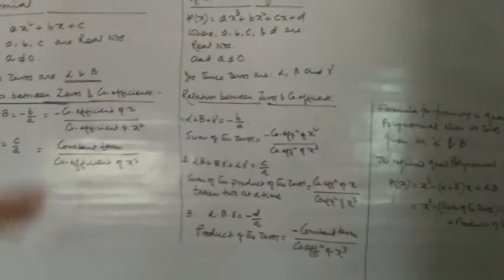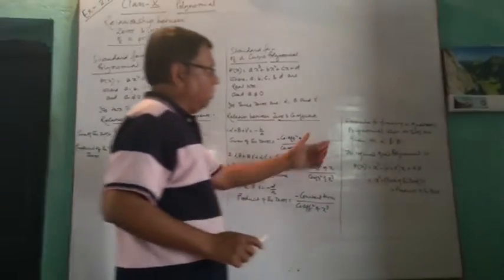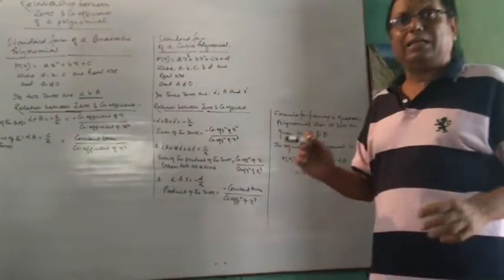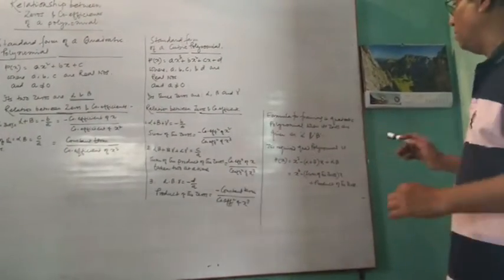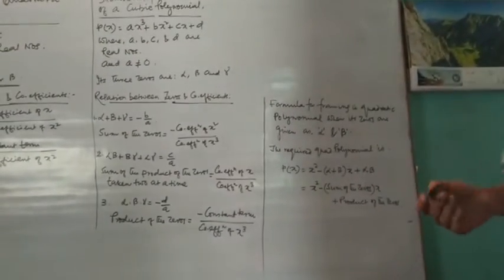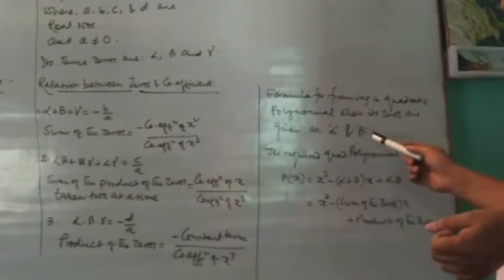Hope you are following what I have written on the board. Now, one last thing you have to remember. You are given the zeros of a quadratic polynomial. We know there are two zeros of a quadratic polynomial, and let them be alpha and beta.